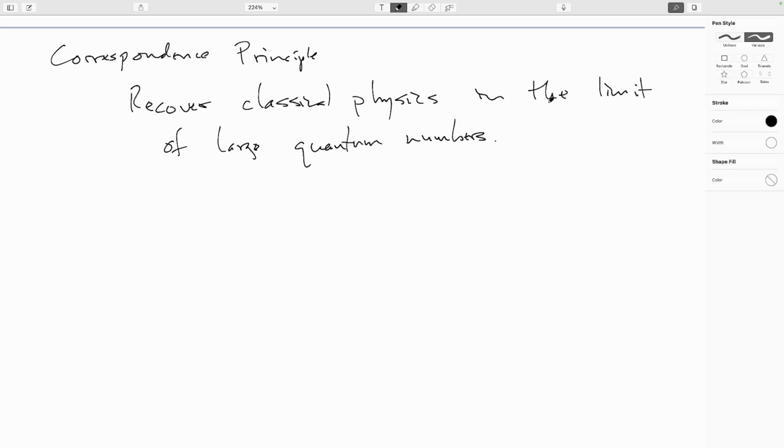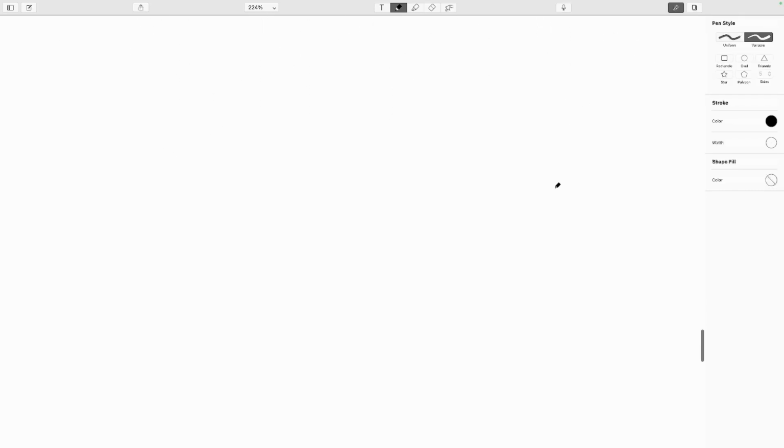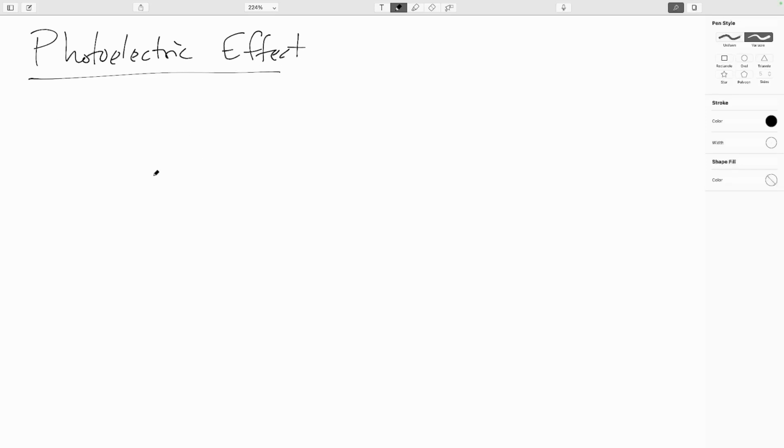Okay, so I mentioned that there was one other conundrum from classical physics, and this was the photoelectric effect. This is the basis on which solar cells work. So the idea basically goes like this.